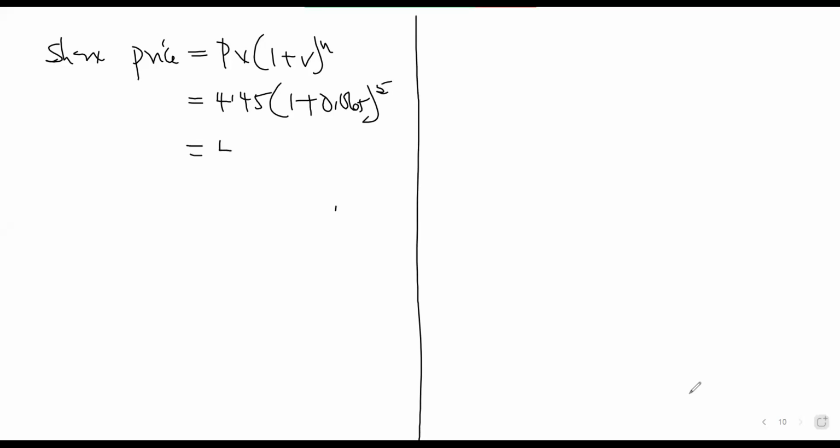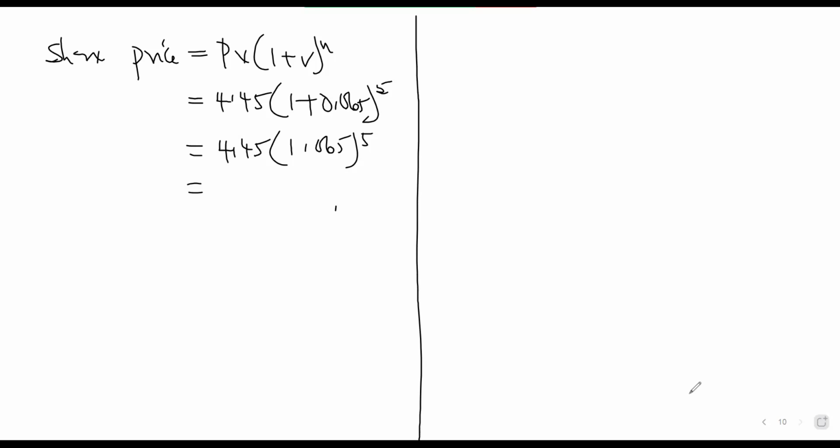Okay, so you can do this and give me the answer straightforward. So 1.065 exponent 5. What are you having? $6.1.